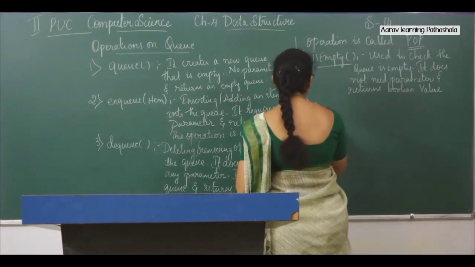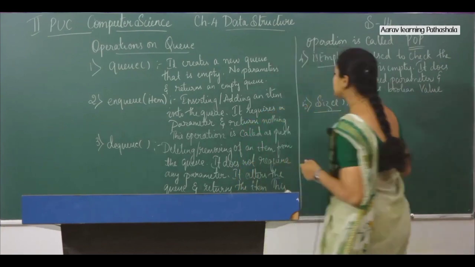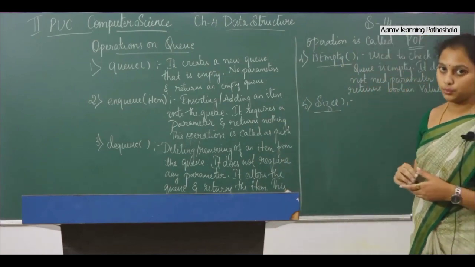The last operation is the size function. It is used to return the number of items present in the queue.